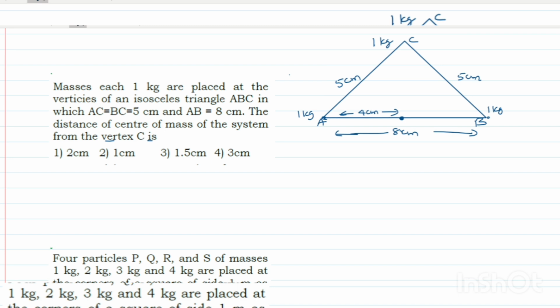Now we need to calculate the distance of the center of mass of the system from the vertex C. Again, here we have one more mass, this is the C mass, and this is your origin. From this point C we need to calculate the center of mass. Here this is 5 and this is 4, so obviously this will be 3 centimeters.